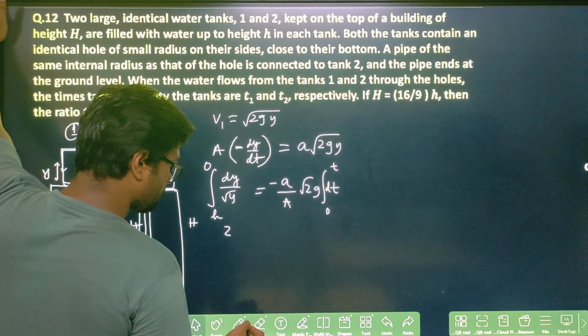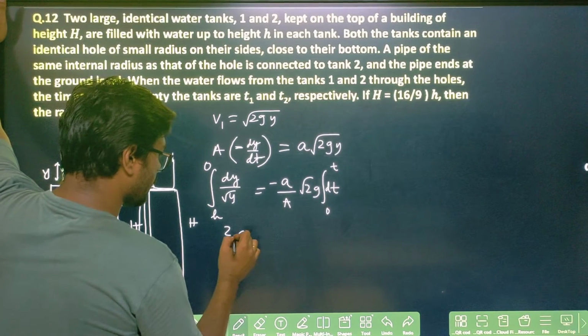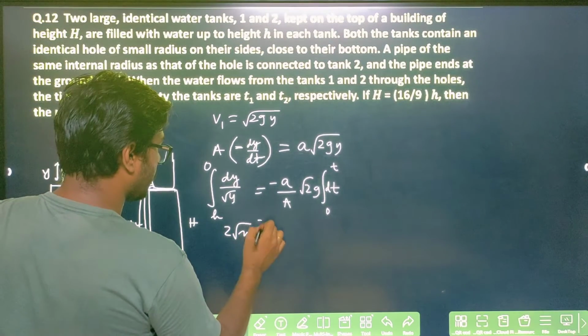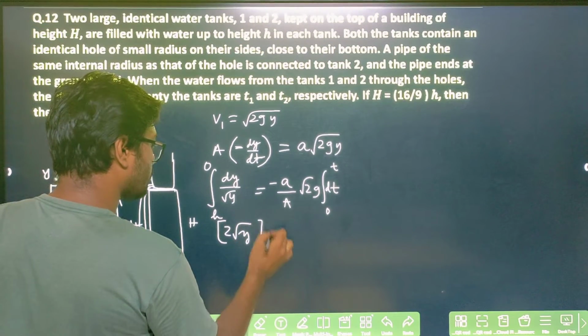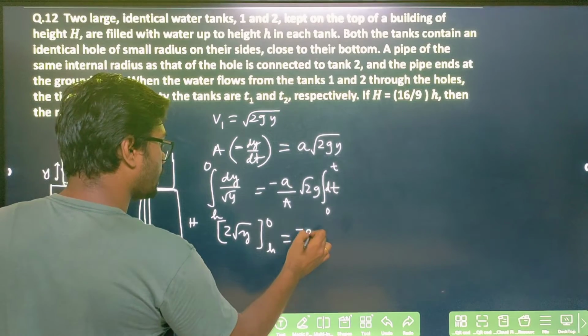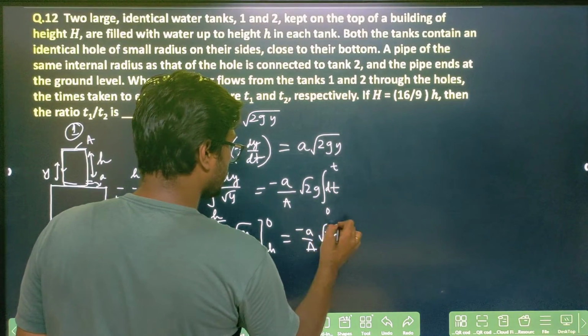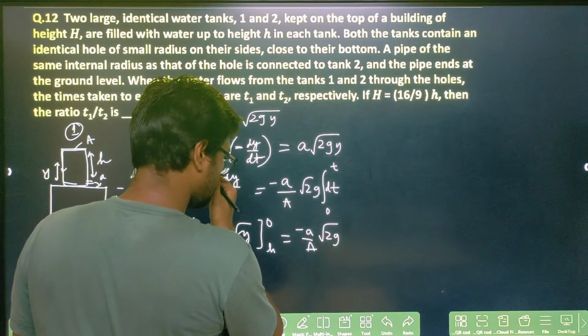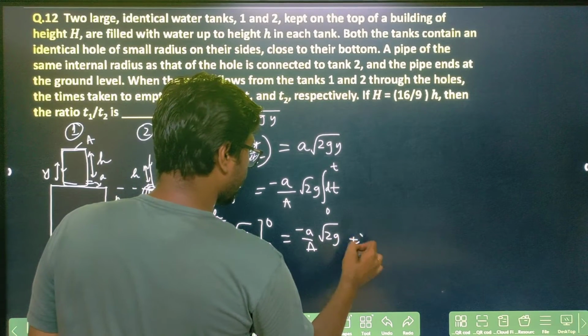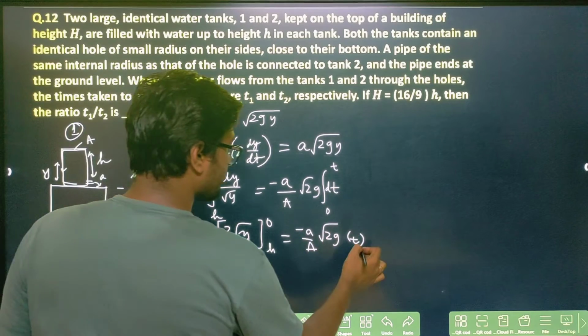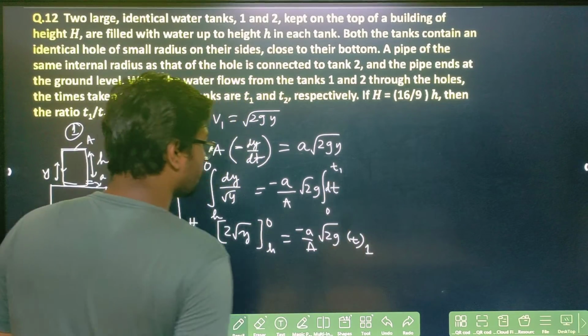So I can do here 2 root y, from h to 0, equal to minus a by A, into root 2g, into time t, and this time is t1 basically. They have given that t1 is the time it is taking.